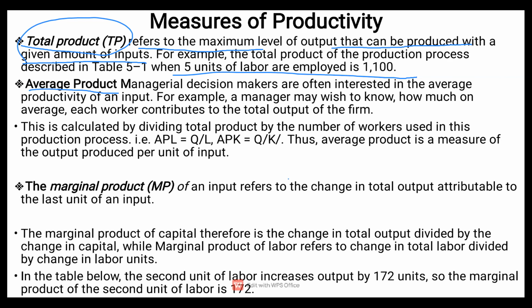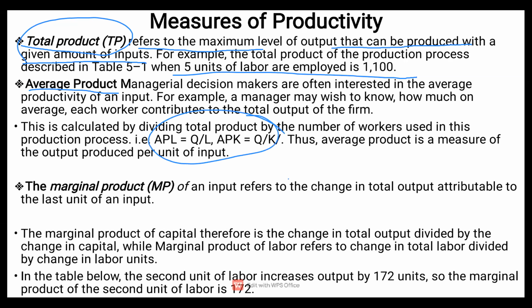Average product. About average product, we said that when you're producing, you produce a certain level of output. Most of the time, the decision makers are interested in getting the average productivity of an input. What do we mean by average productivity of an input?